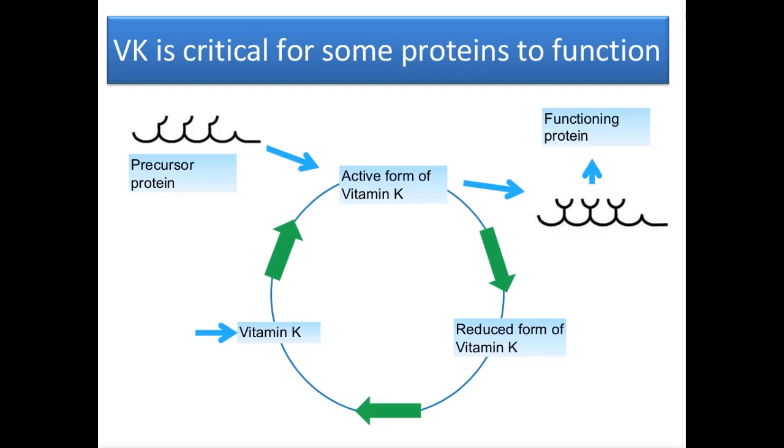Now, when you don't have a lot of vitamin K in the diet, there's not enough of this active form, and the protein that requires vitamin K doesn't have a biochemical change, and then it's not functioning very well. And that's really an important concept because you still have the protein in your blood, it's just not in a functional form. And that's the entire role of vitamin K, is to transform certain proteins from a non-functional form to a functional form.